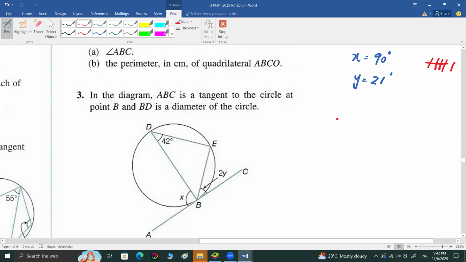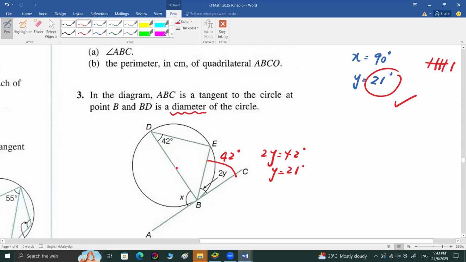Okay, now Marvin, look at here. See, 42. Okay, can you see opposite outside? 42, right? So 2y is 42. Y is 21. Clear that? And must read the question. Can you see diameter?